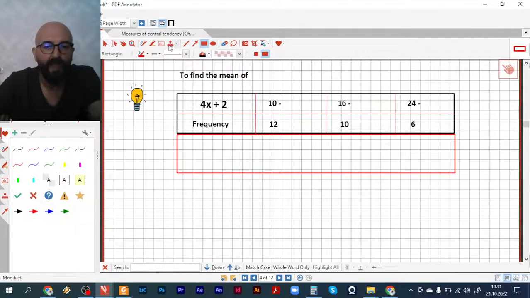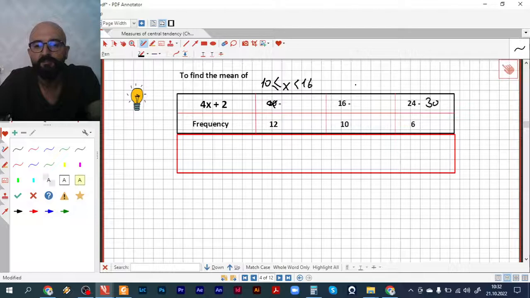Okay, and for example, we have another grouped data, and we should also use mid values. I forgot the upper boundary, it is 30. The intervals are x greater than or equal to 10, less than 16; x greater than or equal to 16, less than 24; and x greater than or equal to 24, less than 30.